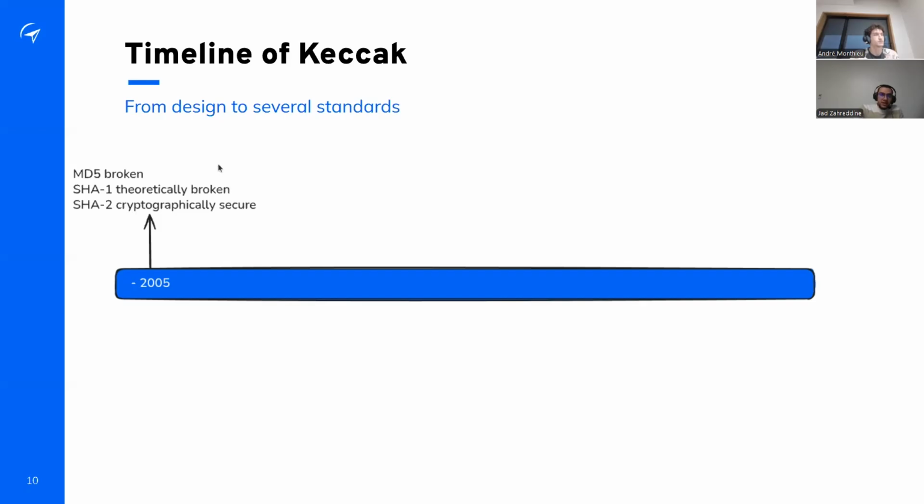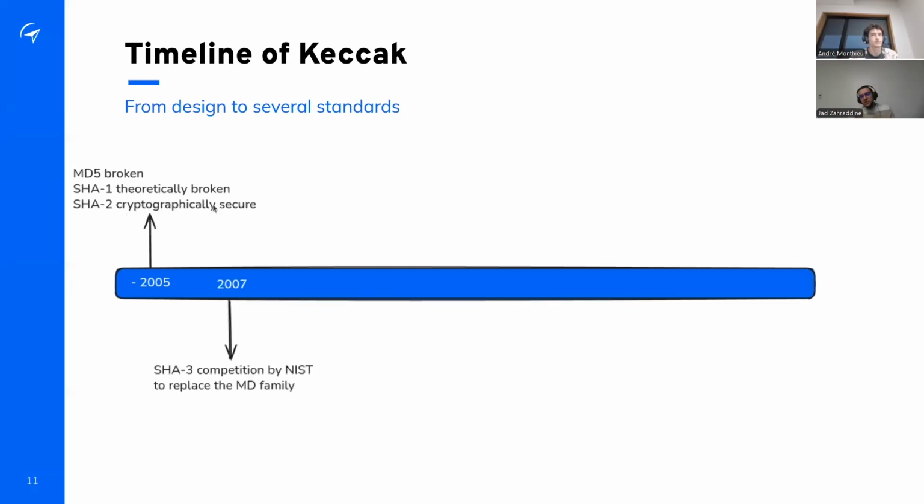Most secure hash algorithms were based on the MD5 hash function or the MD family, MD being for message digest, or the Merkle-Damgård construction. Secure Hash Algorithm 1 was theoretically broken at that time, but no practical attack had been demonstrated yet. But the Secure Hash Algorithm 2 standard was still secure at that time.